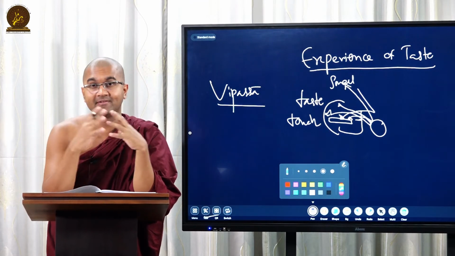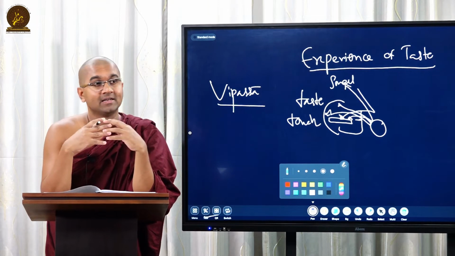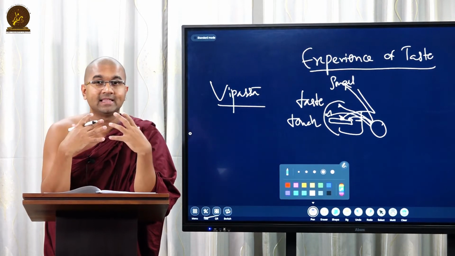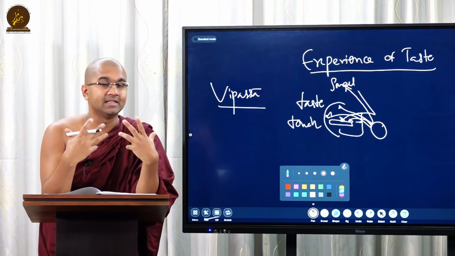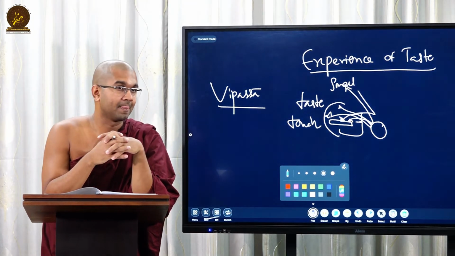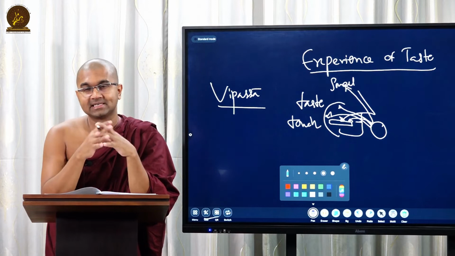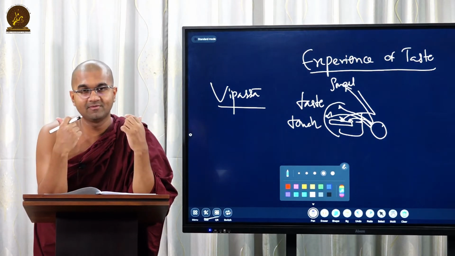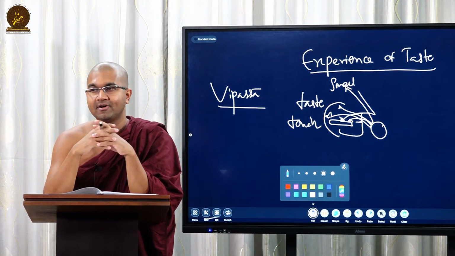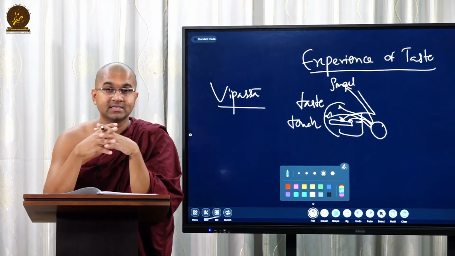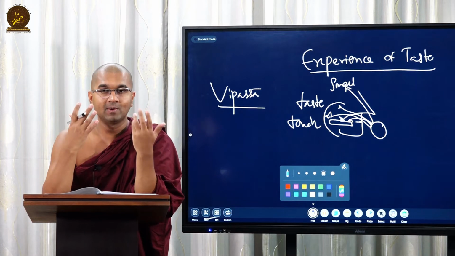It doesn't mean that we have to be careless about that, but what we have to consider is that the idea of self is greatly found in this object of smell. And with regard to the taste, that's not found that much. The idea of a self based on taste is not found that much regarding our bodies. That is mainly found with regard to the food.